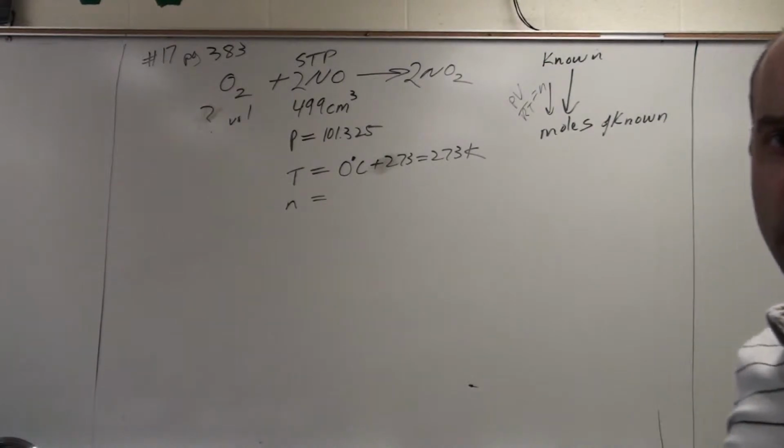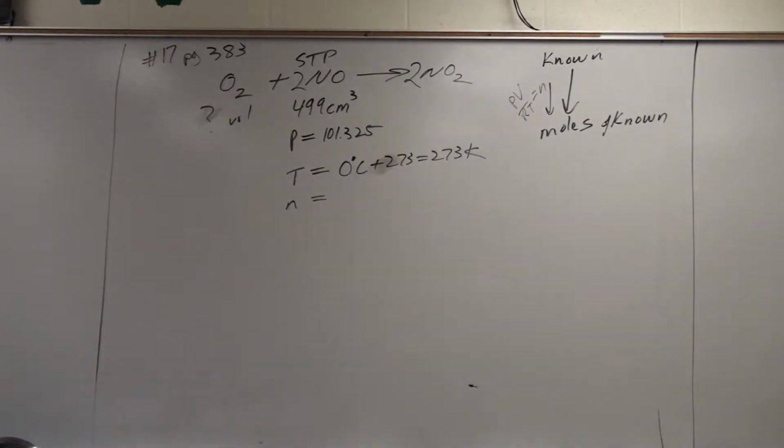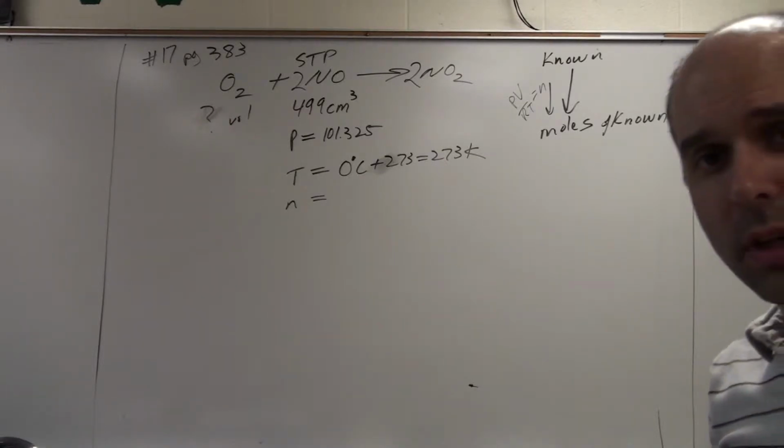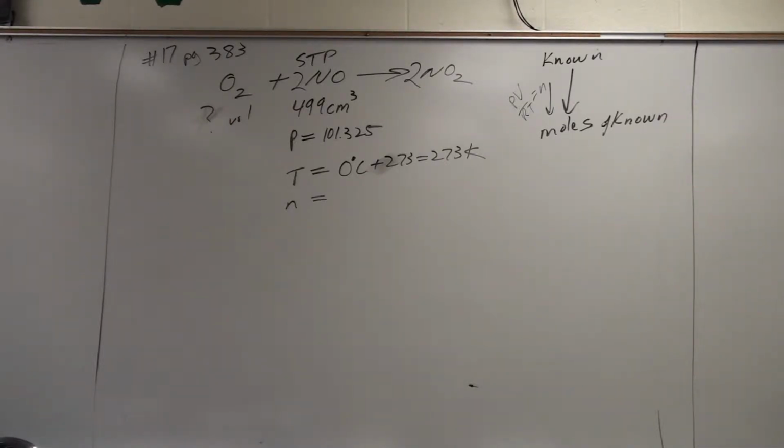However, that wouldn't be the quickest way, considering that you can use the molar volume, because you are at STP. Therefore, the molar volume is 22.4 liters for every 1 mole.